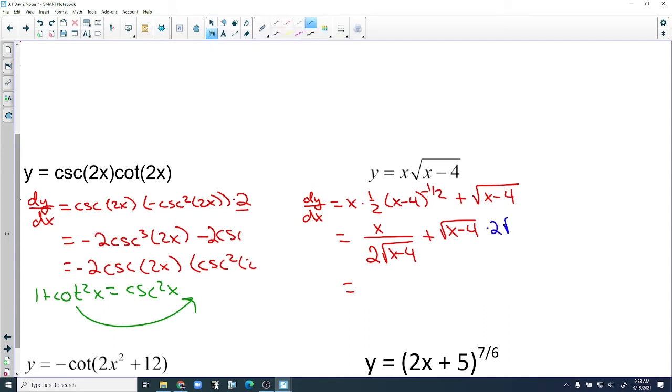So we're going to multiply by 2 square root of x minus 4 on the top and the bottom. And we're trying to get a common denominator here. So we have x plus 2 times x minus 4 over 2 times square root of x minus 4.